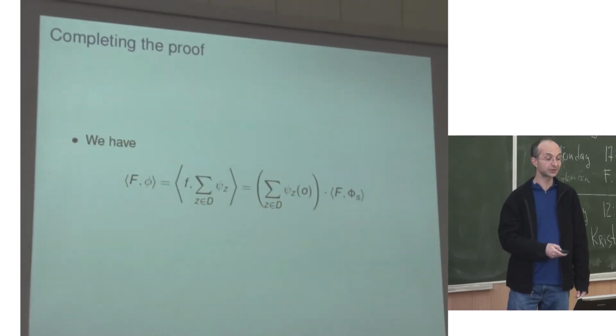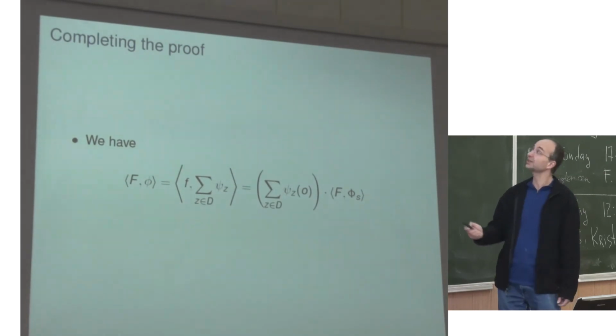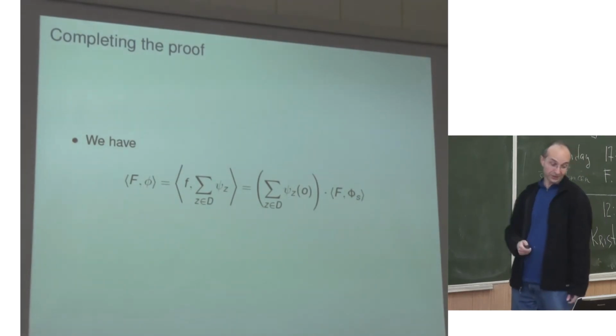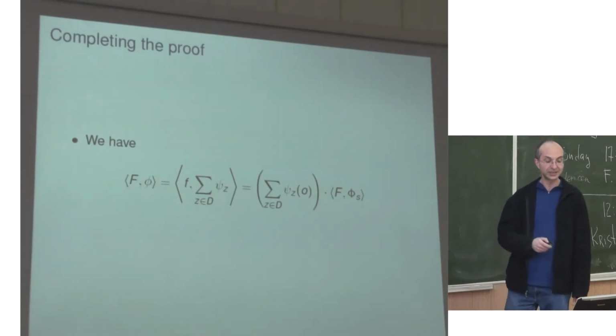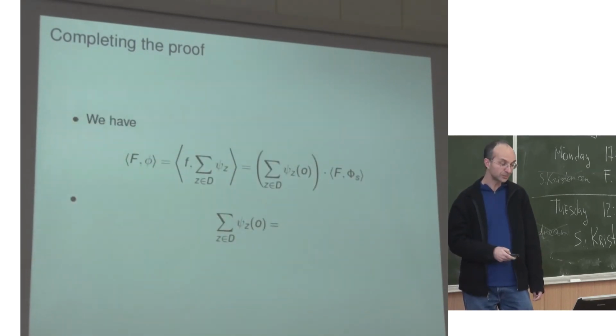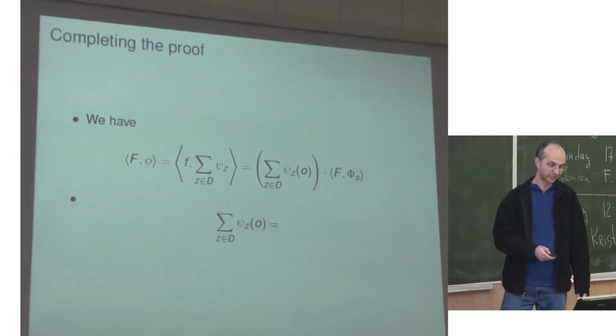Therefore, we are done, right? So we have the inner product of psi of F and phi. This is, as we said, the inner product of F with all these rotated functions here, which is just the sum of their values at O times the inner product of F and phi. Now what's this sum? This is the sum of numbers, right? Recall that psi is an integral of phi over all isometries which preserve O, right?